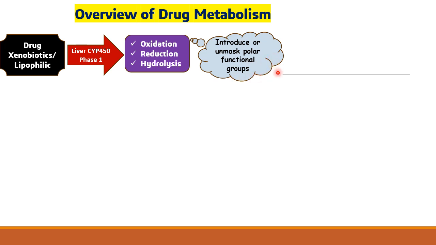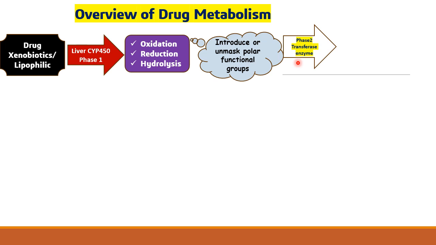So now the drug is converted into the polar or ionizable form, and now the drug has two choices: either it will be easily excreted out from the body if it is in a much polar form, or if it is not in polar form, it will further undergo the next step, that is phase 2 conjugation or phase 2 metabolism reaction.